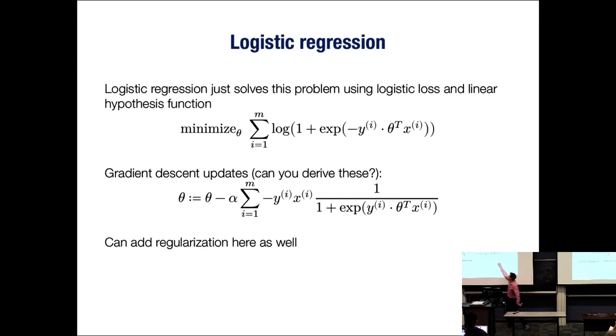So if you take this function, 1 over 1 plus e to the negative x, that would be a sigmoid function, it's called. But again, don't worry if you haven't seen that before. It outputs a number between 0 and 1, which can be interpreted as the probability of being positive or negative under this logistic model.